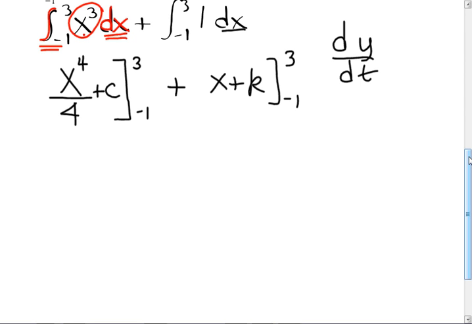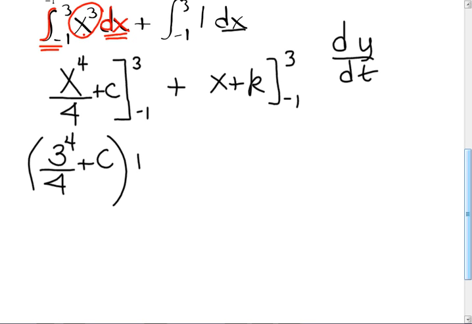Yes. So I can go C1, C2, C3. There's an infinite number. But do I need the constant?